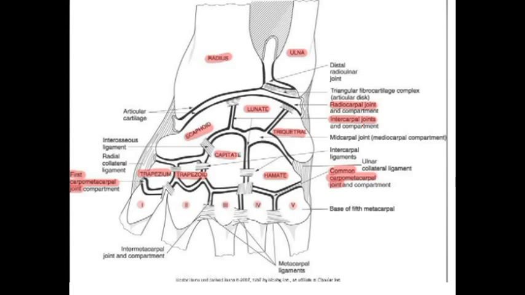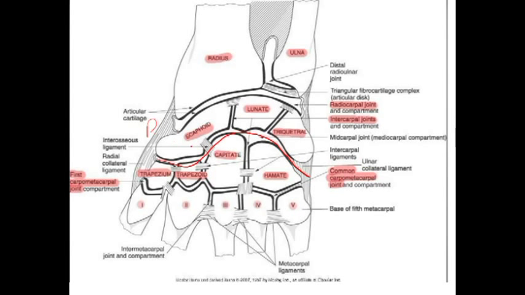So here we have a demonstration of the rows. Interestingly enough, it leaves out the pisiform, but we have the proximal row and the distal row.